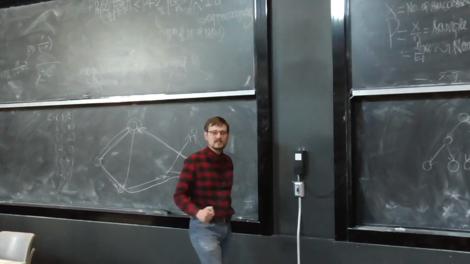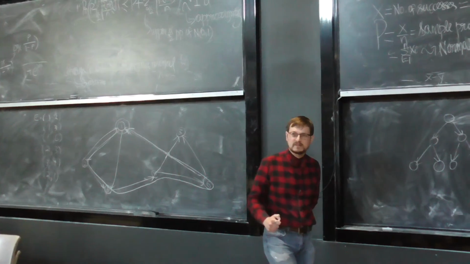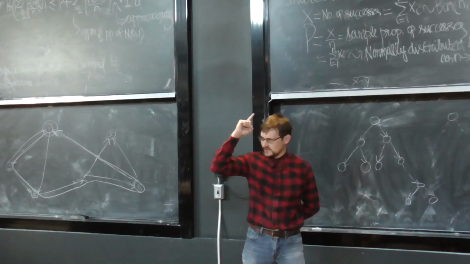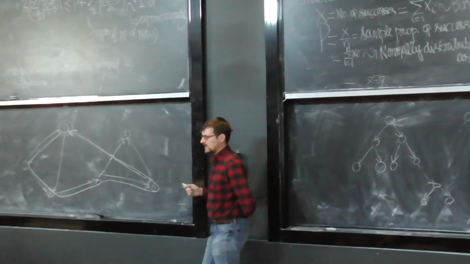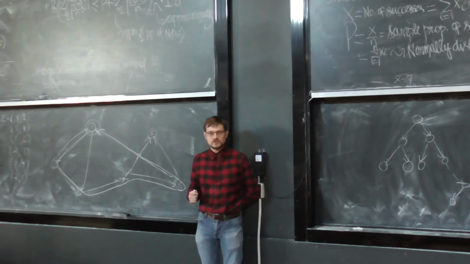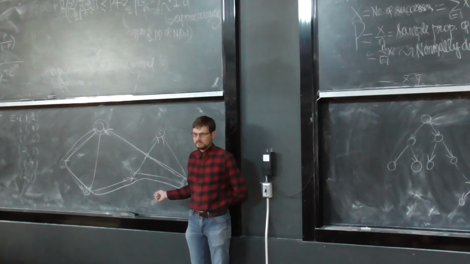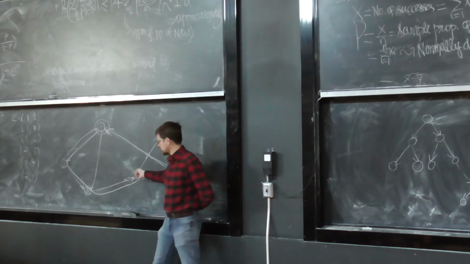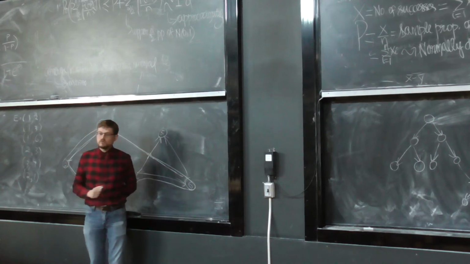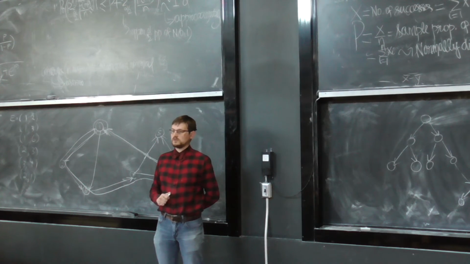This is a C programming class, so the word should never be far from your lips. Pointers. So it is possible, nay, very useful, to model a graph in C programming as a series of structures which point to other structures.